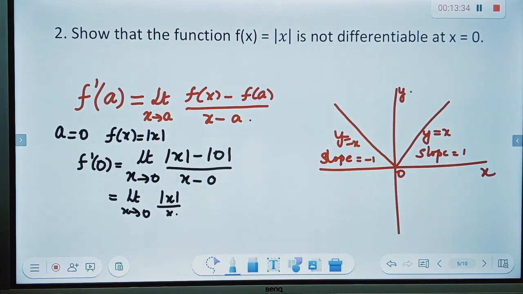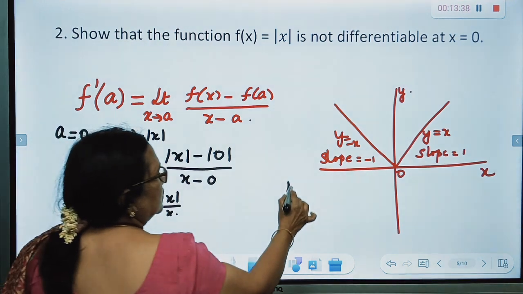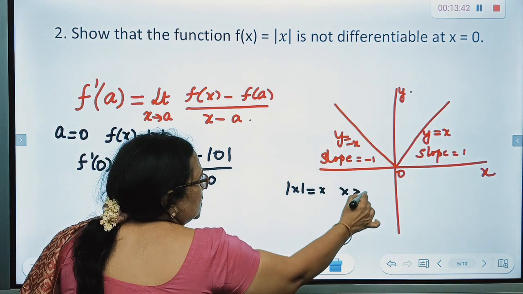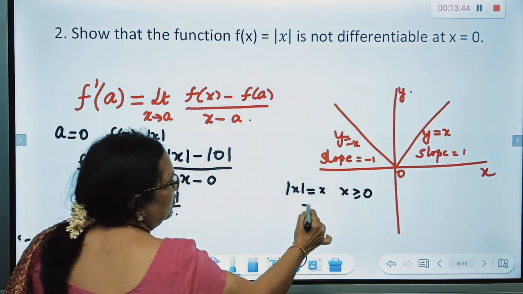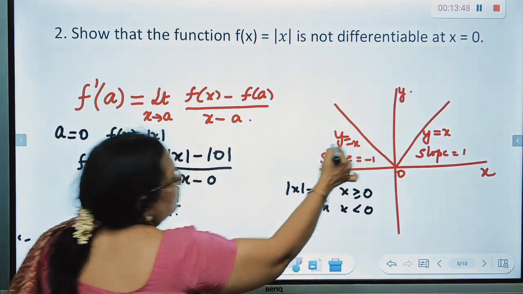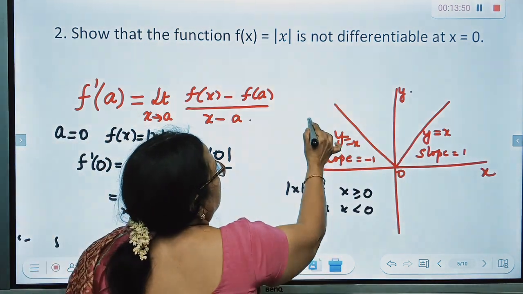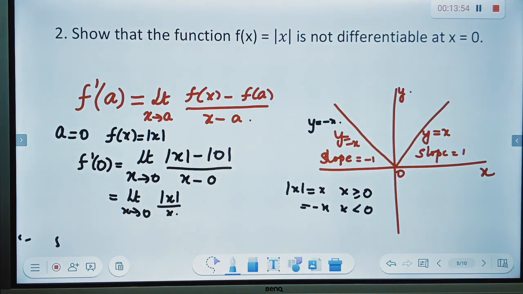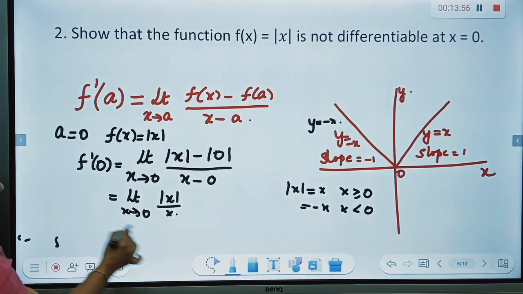Okay. Now what do we know about mod x? Mod x is x when x is greater than or equal to 0, equal to minus x when x is less than 0. That's why I wrote y equal to x and y equal to minus x here. This is y equal to minus x. So, now look at, this is a limit.